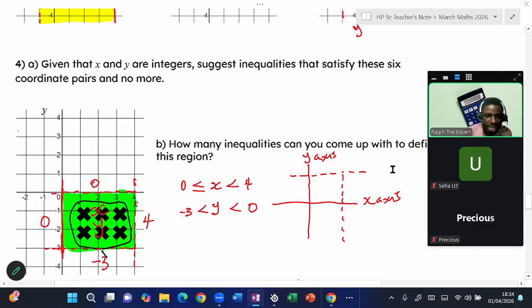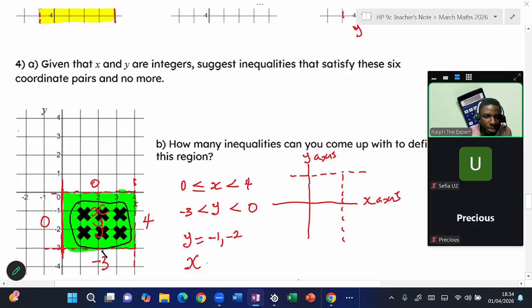Let me write that down so you can see the values of y based on the graph. y is -1, y is -2. y is not -3 because it's not included.